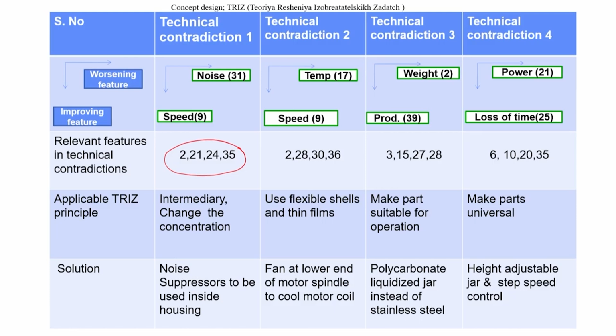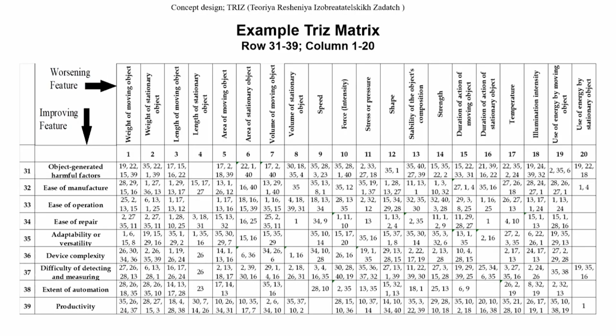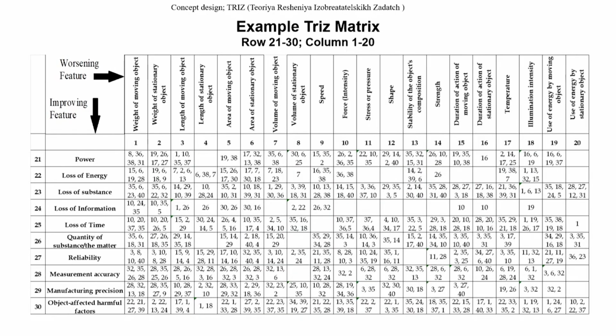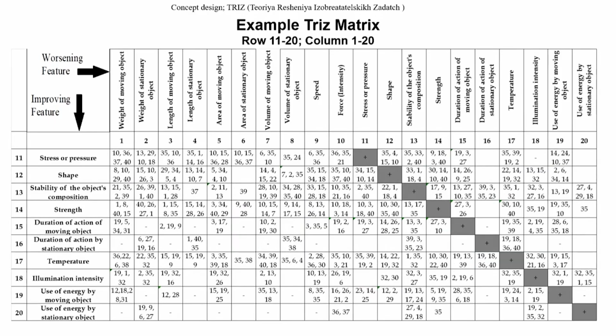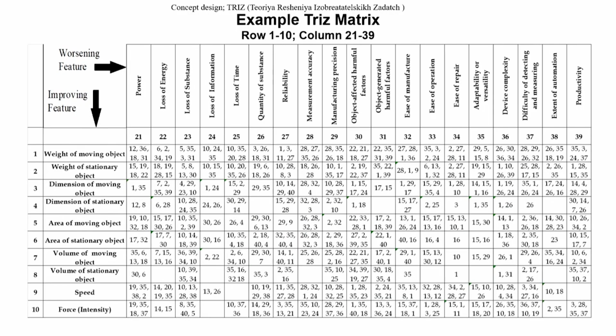So, let us go to 31 versus 9. Improving feature is 9. So, I am just going back a little bit, improving feature has to be 9. So, let us bring 9 as the improving feature. So, yes, this is speed, 9 as the improving feature, and the worsening feature was number 31. That was right. So, that is why it was 2, 24, 35, 21.